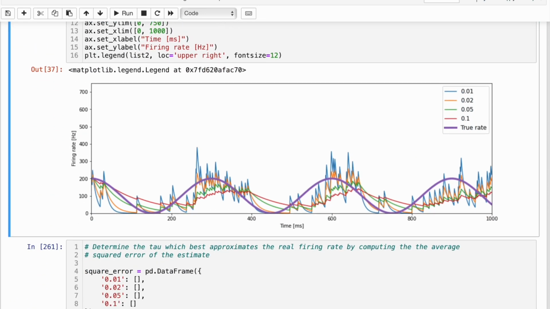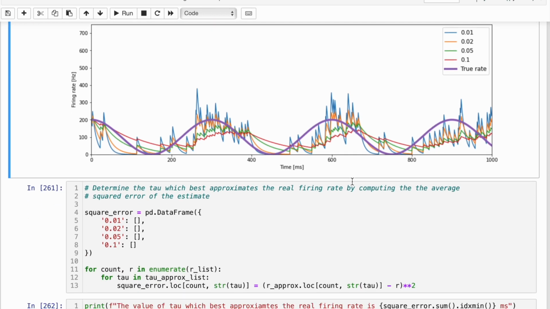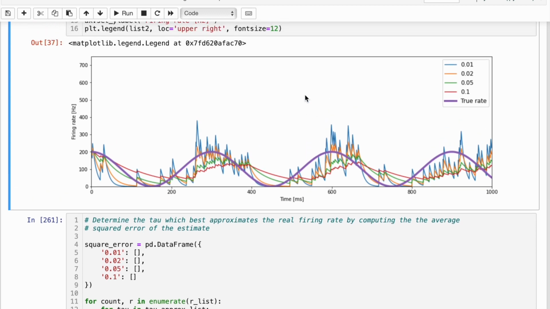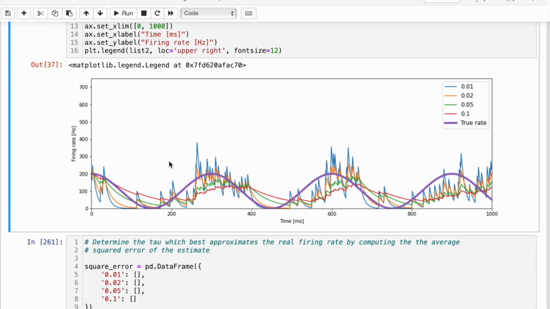Now, the next thing to do is to do some mathematics on the question of which tau is best suited for approximating the firing rate from the harmonic Poisson spike generator.